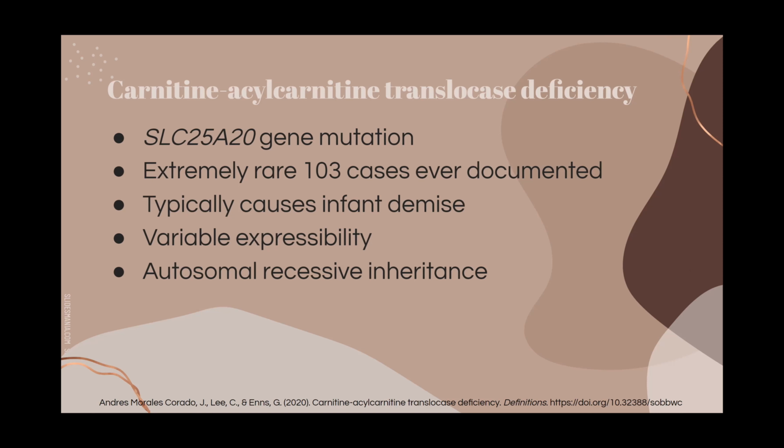This kind typically causes infant demise. Most infants have cardiomyopathy, just as the prior form, but it's not detected soon enough, and so unfortunately they pass away. This one, just like all other forms of carnitine deficiency, show variable expressivity and an autosomal recessive inheritance.